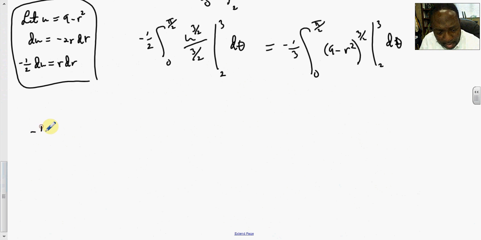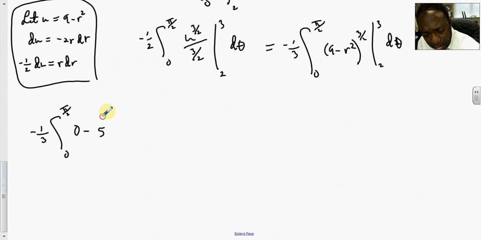So this is negative 1/3 sitting in the front. The integral from 0 to pi over 2. We evaluate the r at 3. We get 9 minus 9. That gives us a 0. And then this minus, we evaluate the r at 2. This is 9 minus 2 squared. 9 minus 4. That is 5 to the 3/2 power, excuse me, d theta. So on the outside we have positive.